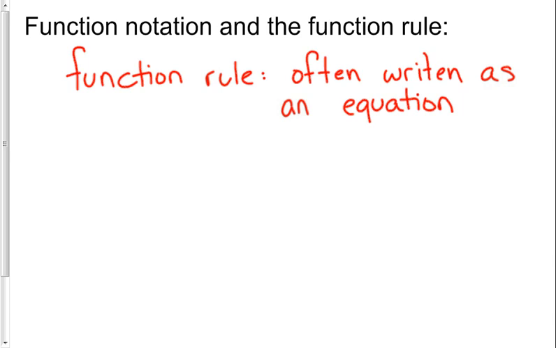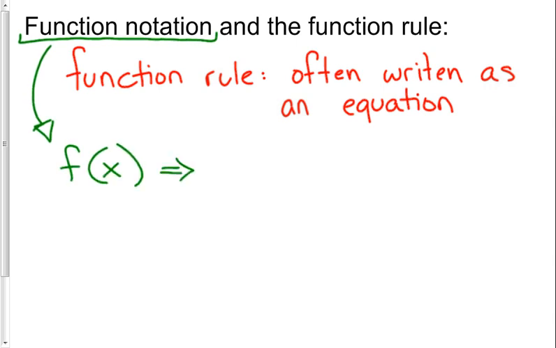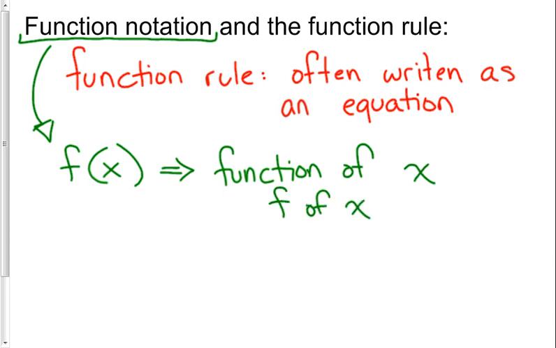Now when we write that, we use what's called function notation. Okay, and function notation looks like this. What that represents is a function of x, or f of x. A function f where x is our input. What this f stands for is just how we name our function.